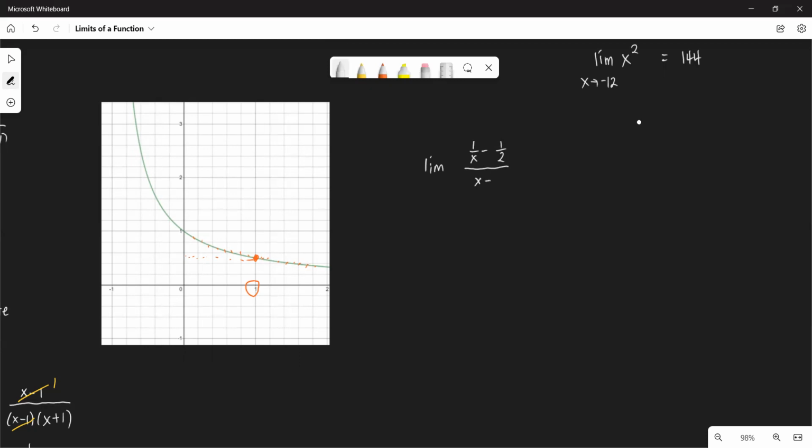Okay, so let's not assume first that this is in indeterminate form. So we'll use the properties.